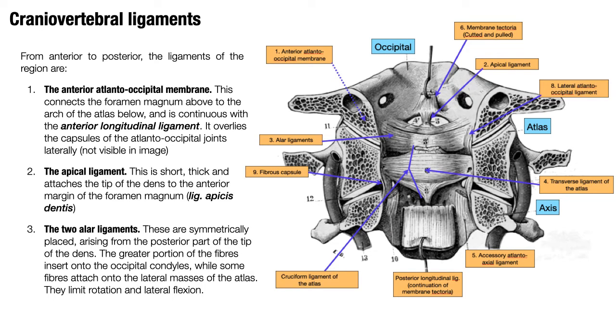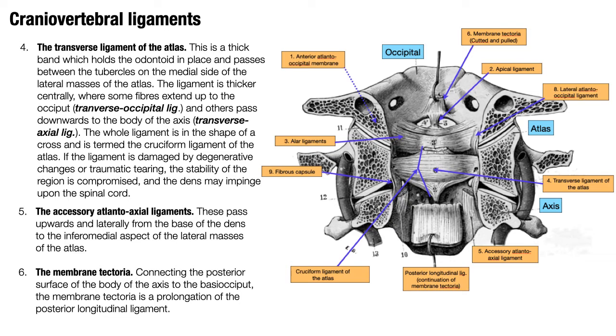Then we have the apical ligament that attaches the tip of the dens to the foramen magnum, and following we have two alar ligaments that attach the tip of the dens to the occipital condyles and to the lateral masses of the atlas. So this can limit rotation and lateral flexion of the head and the atlas.